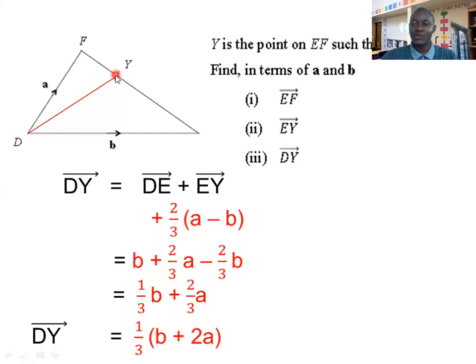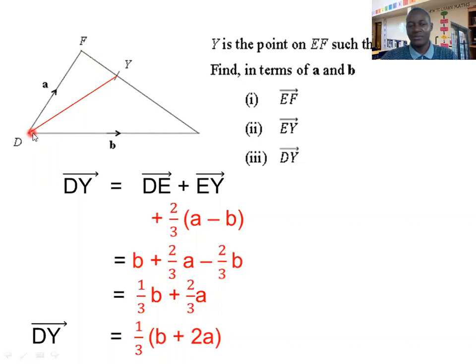But it really makes no sense going about DF then FY to find vector DY because FY I have not found actually. Of course, it can be found, but it is easier going the way for which I already have found some part of it.